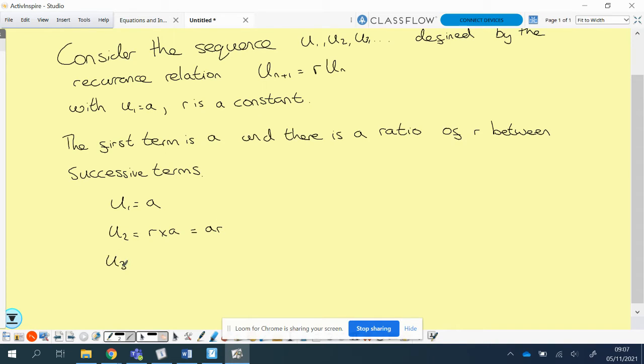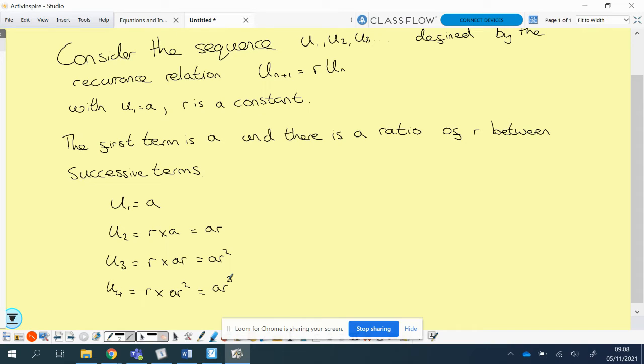Then U3 would be R times AR, which gives AR squared. And then U4 would be R times U3, which is AR cubed.